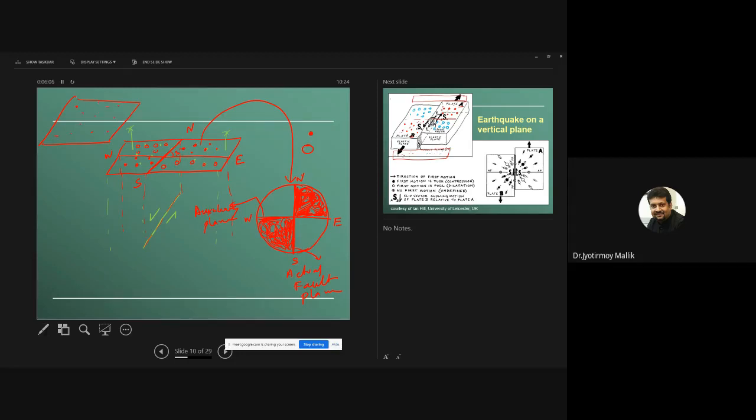Right now, I'm just observing their first motion, whether they're compressional or dilational. Okay, and then I am dividing them into quadrants. When I'm dividing them into quadrants, the lines with which I'm dividing them would represent the fault planes. One of them is the actual fault plane, the other one is the auxiliary fault plane.